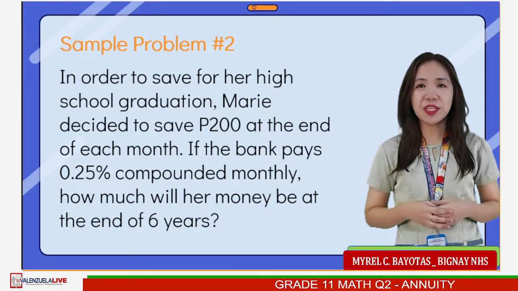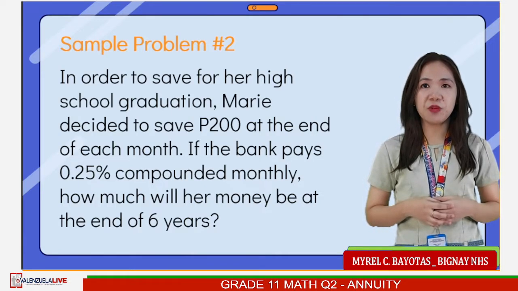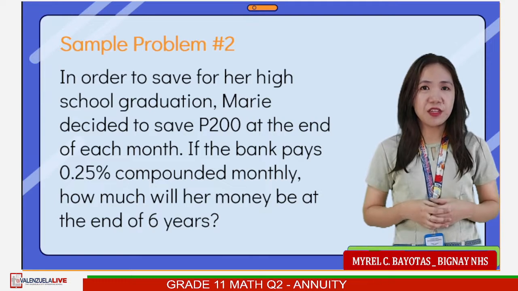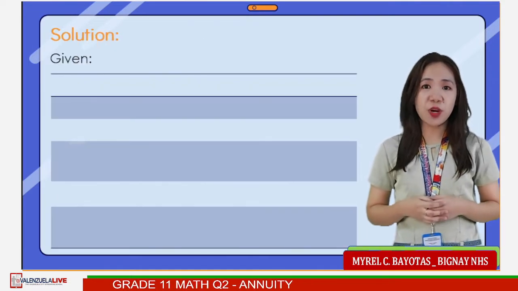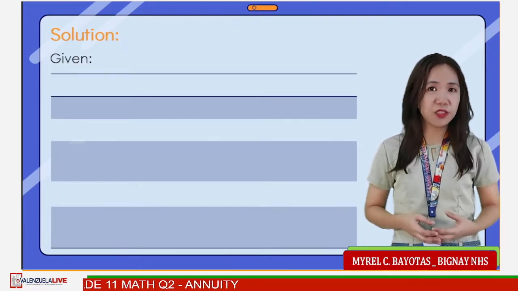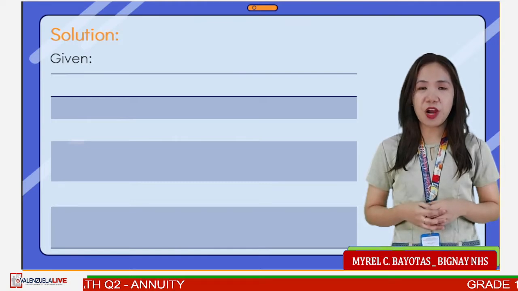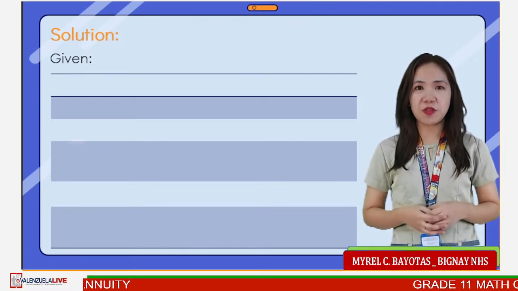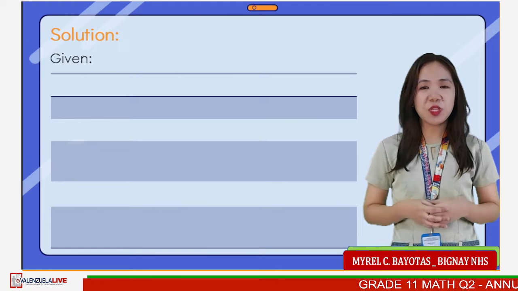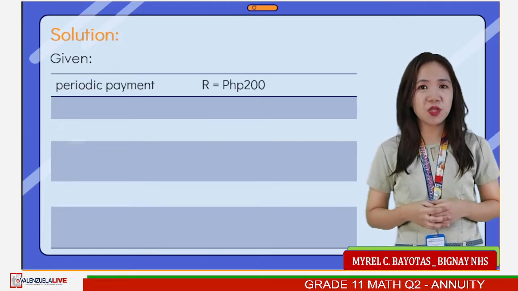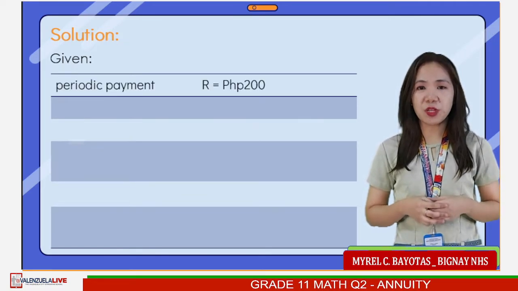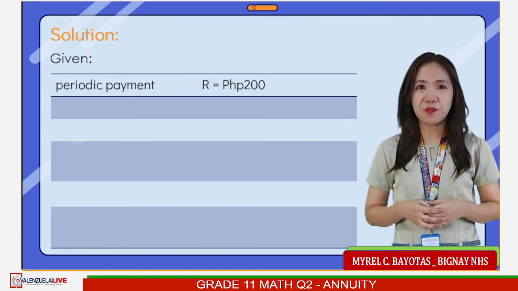Make sure to read and analyze the problem carefully before writing down the given. Since Marie decided to save 200 pesos at the end of each month, her periodic payment, or R, equals 200 pesos. Since she will be saving money for 6 years, this will also be the term, or T, equals 6 years.